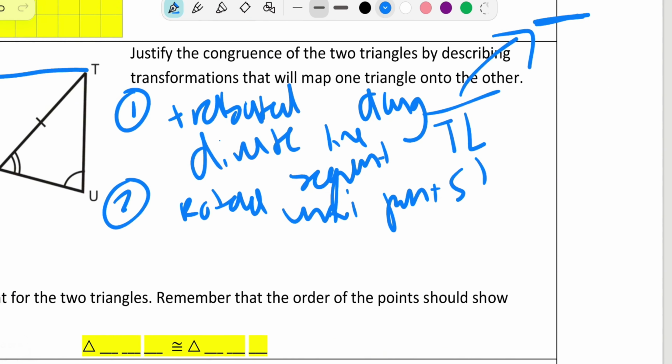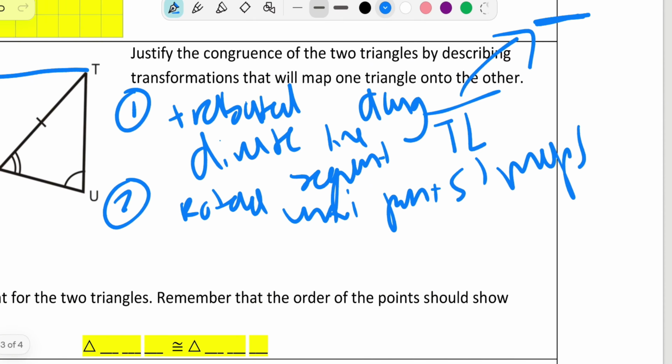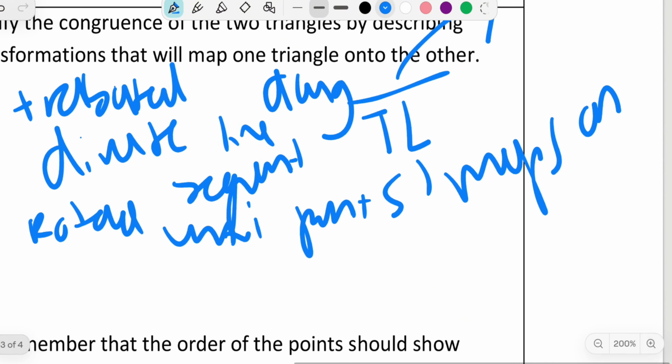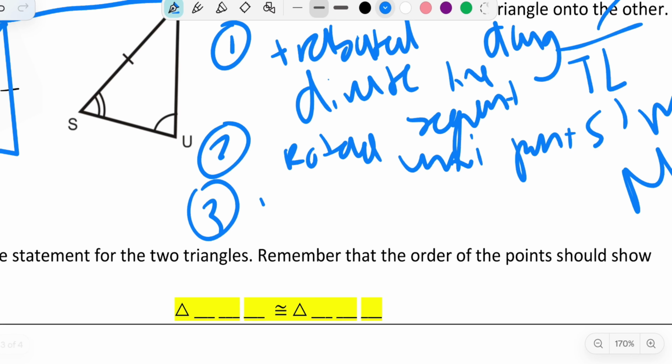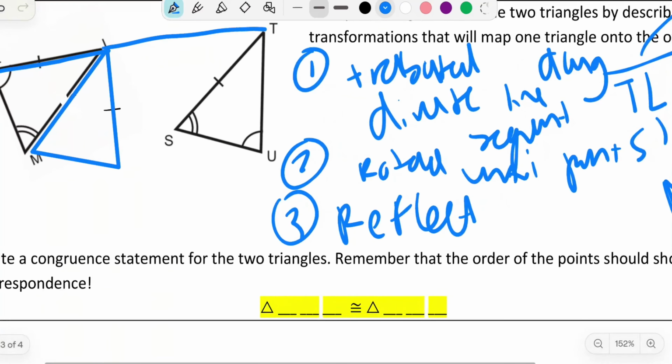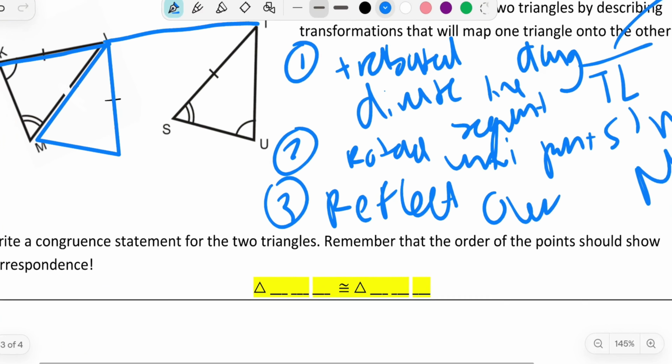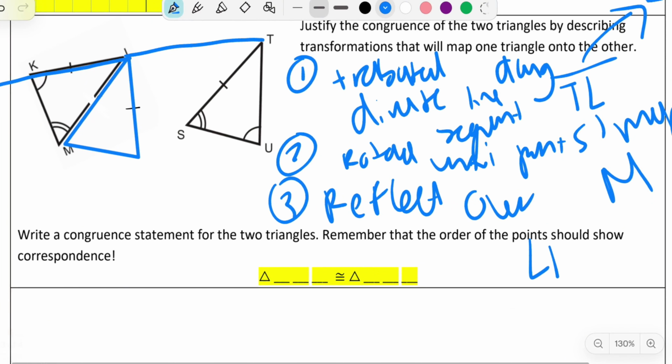Because we had translated it, so we moved it once. S prime maps onto M. And then after that, I couldn't physically show you guys, but we would have reflected over LM. Yep, that's how we would have ended up reflecting it.